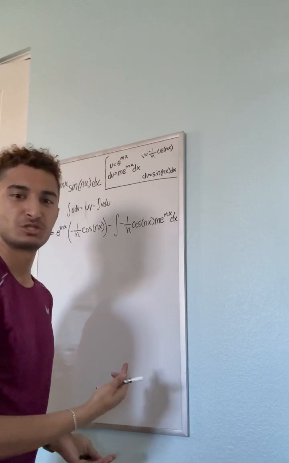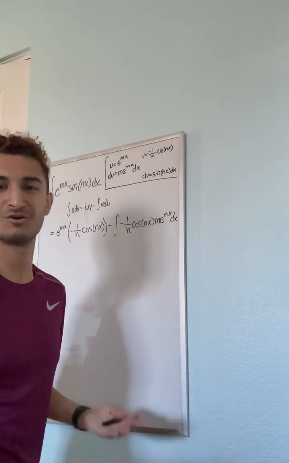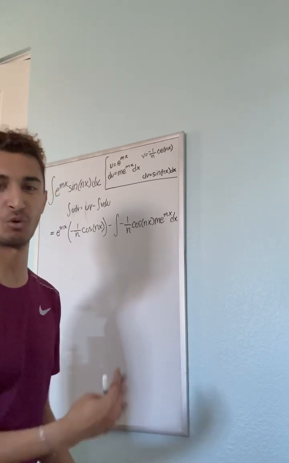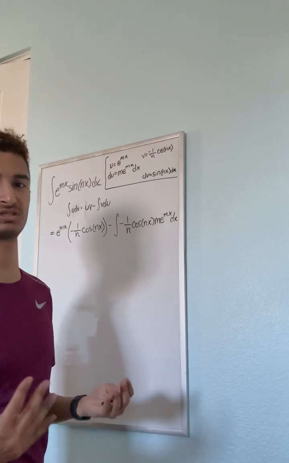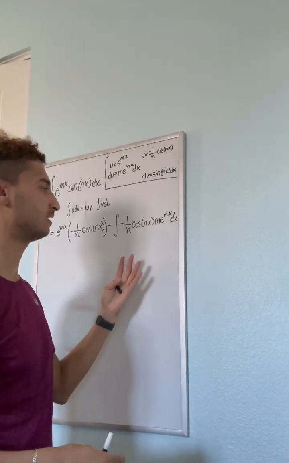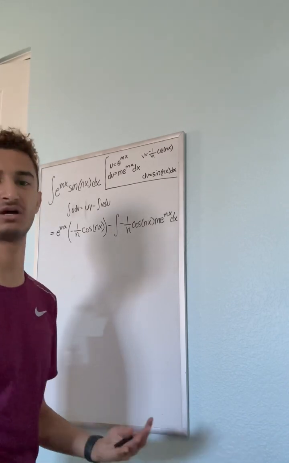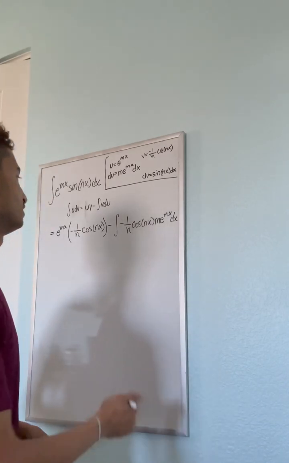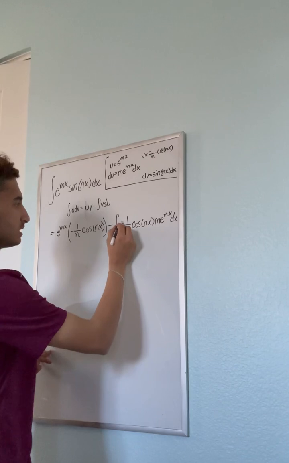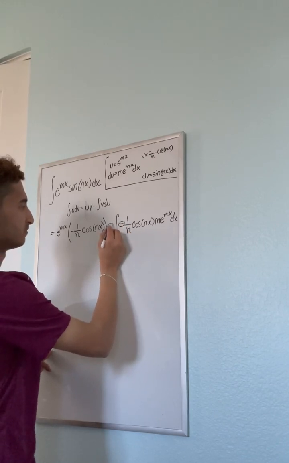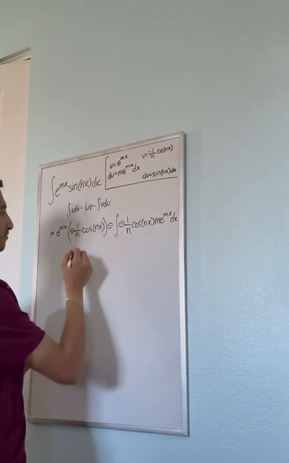And that's going to be basically our first step. I know it looks more like we have more to do now, but if you just keep going, you're going to see a pattern, and that pattern will be the key to us solving this integral. You can notice that we got a negative here, and now we have a negative here.